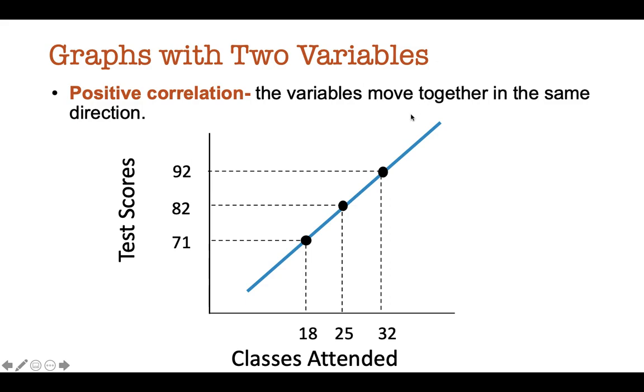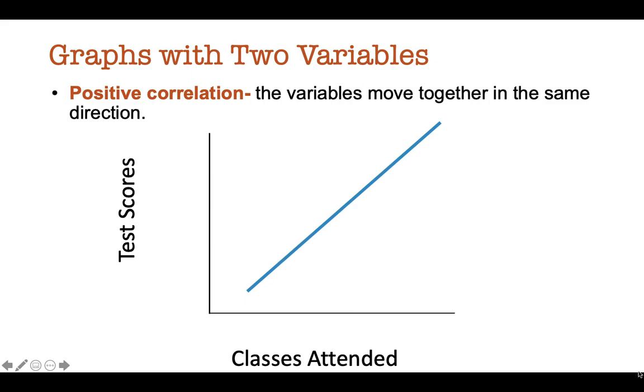So because they're both falling as we go this way, we still say this is a positive relationship, because the definition of positive correlation and positive relationship is that the variables move together in the same direction. So if I go this way, they're both increasing. If I go this way, they're both decreasing.